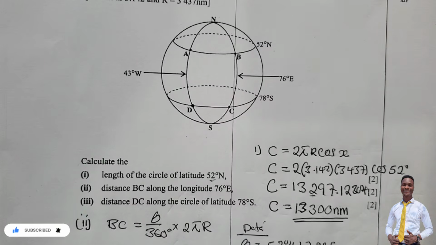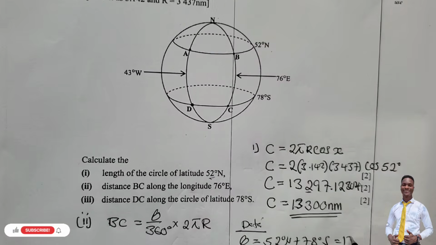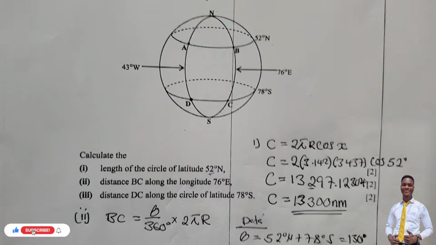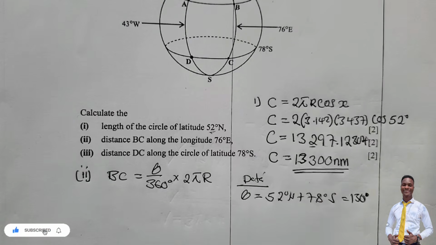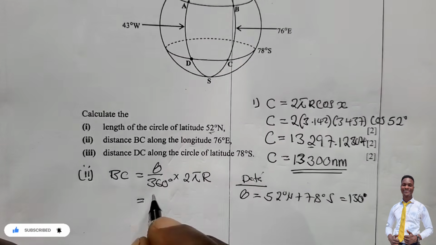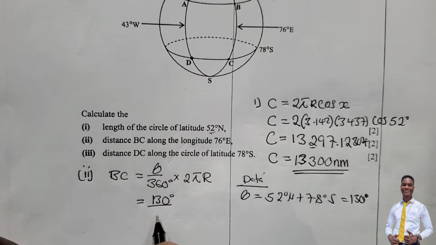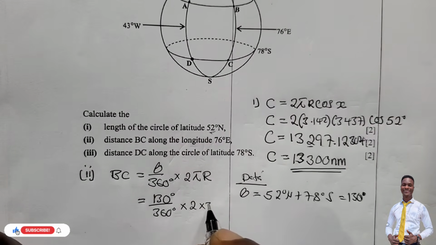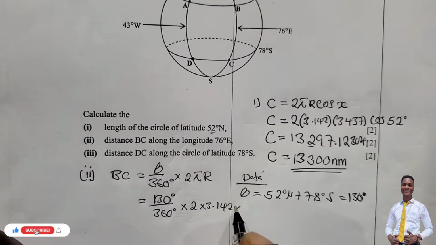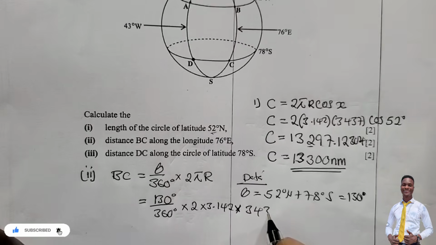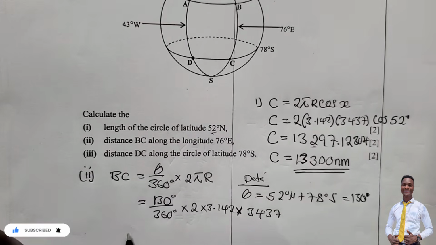So 52 degrees north plus 78 degrees south. When you add the two, we are going to have 130 degrees. Substitute 130 here over 360 degrees times 2 times 3.142 times radius 3437.